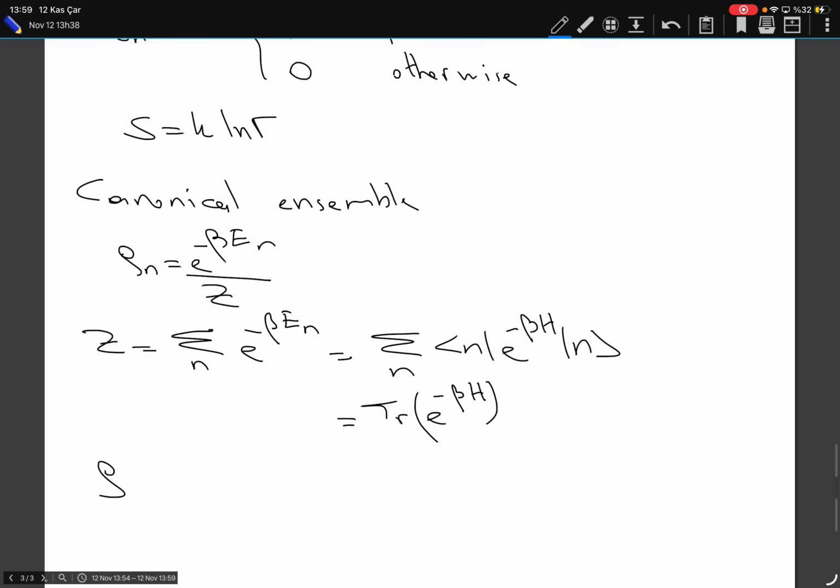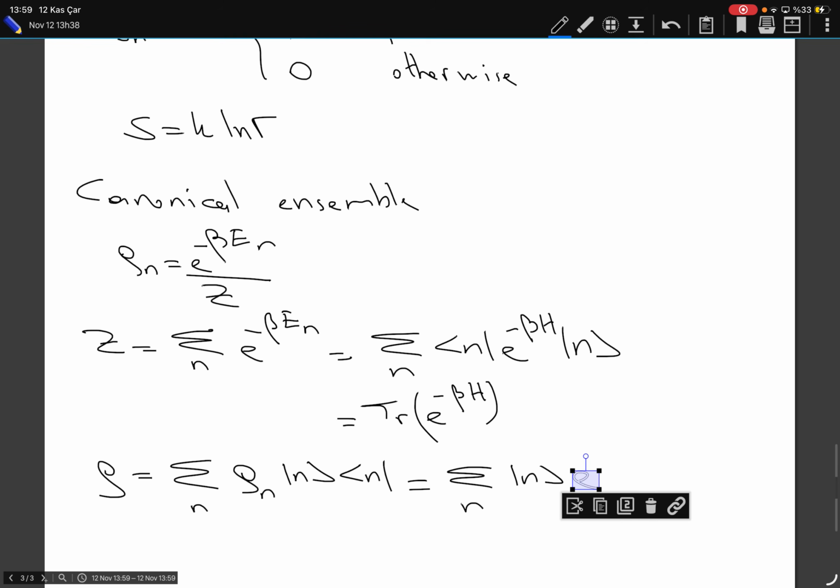Rho, let's say this is rho in the energy basis, which can be written as sum over n e to power minus beta h.